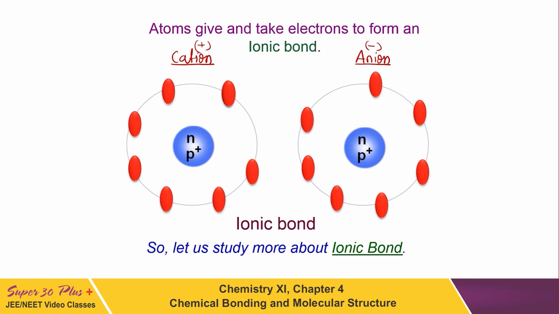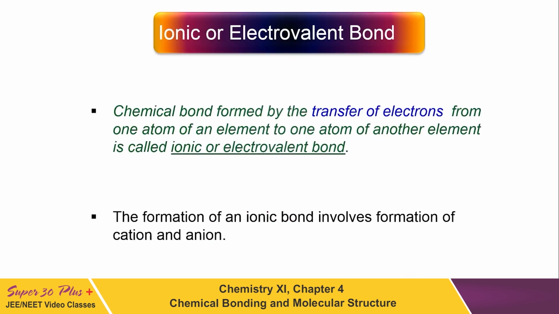Because these are two unlike charges, there must be a force of attraction between them, technically called ionic bond. So come, let us study some more points about the ionic bond.